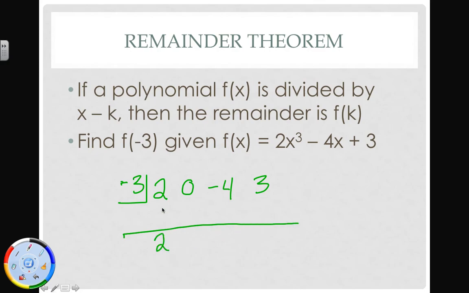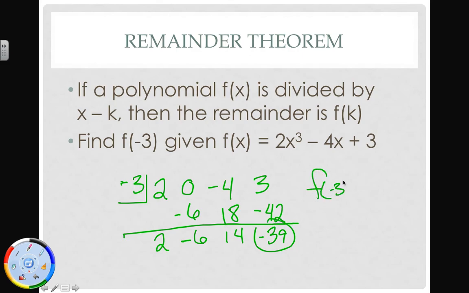If you're not already, drop the 2, make this a -6. Add, make this an 18. Add, makes that a 14. -3 times 14 is -42. Makes this a -39, which means f of -3 is -39.